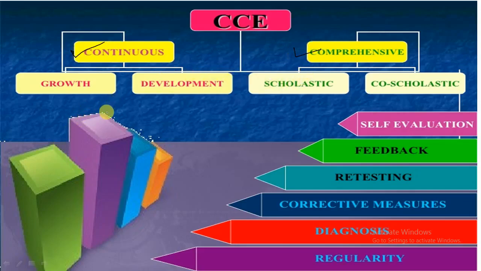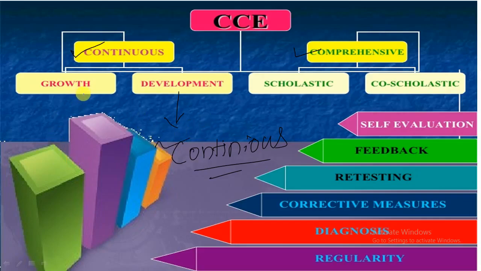If we talk about continuous, then when we learn about development, the term continuous comes into our mind. What is continuous? It is a regular process. It works anytime and every moment of life. So we call it continuous.